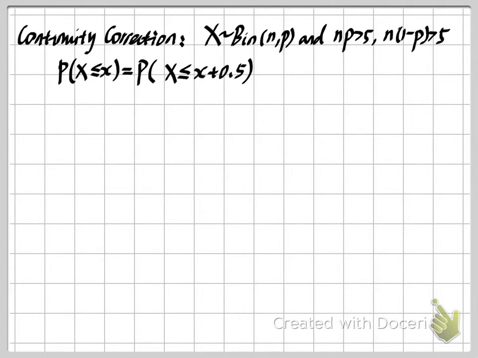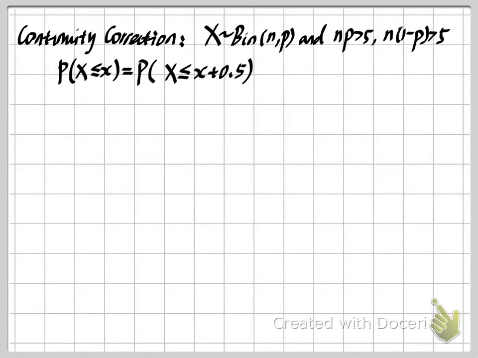Since X is a binomial random variable, this doesn't change the value of the probability, because capital X can only equal an integer. So smaller or equal to 1 or smaller or equal to 1.5 is the same for the binomial random variable.